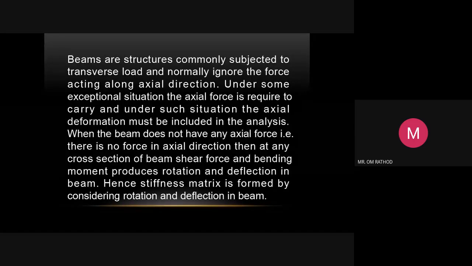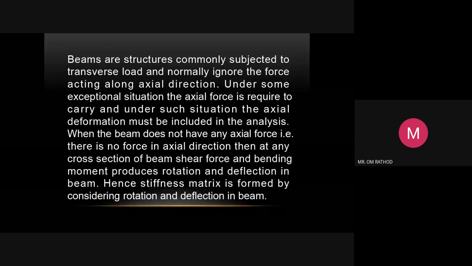When the beam does not have any axial force, then at any cross section of beam, shear force and bending moment produces rotation and deflection in beam.